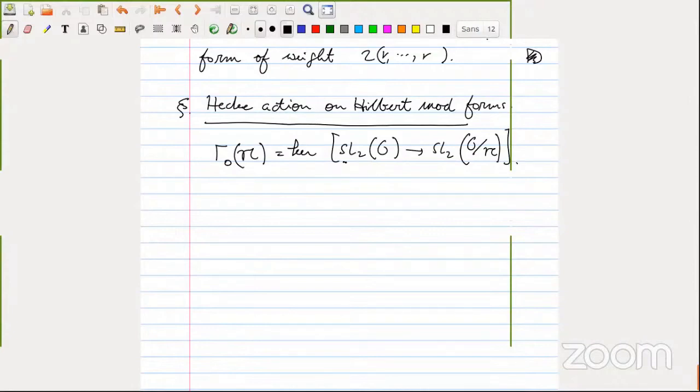This is the gamma k that we had. Suppose I have a prime p which doesn't divide n, a prime ideal.